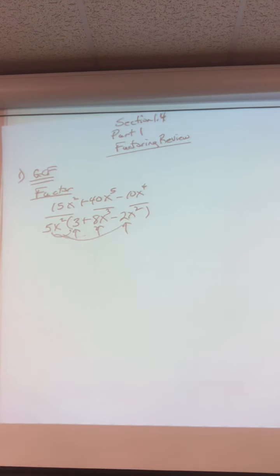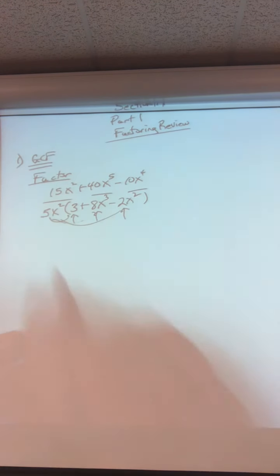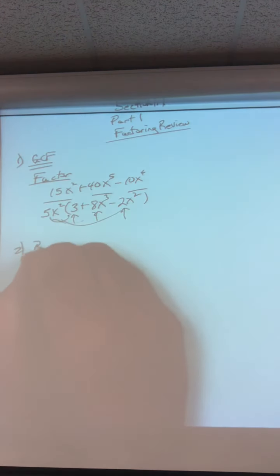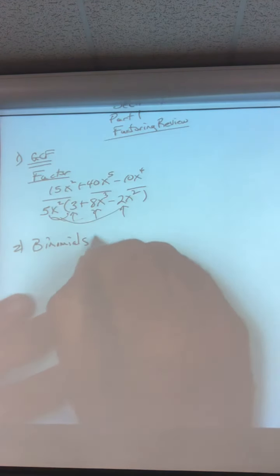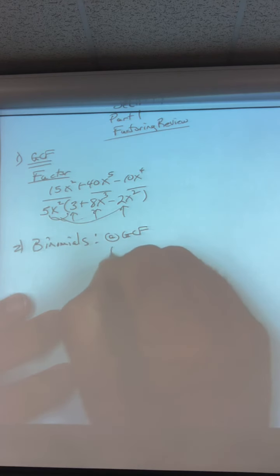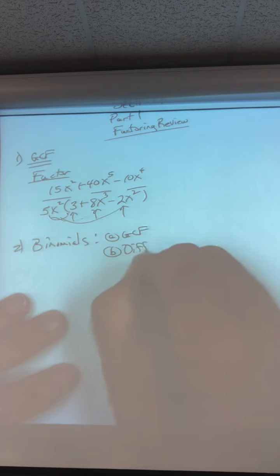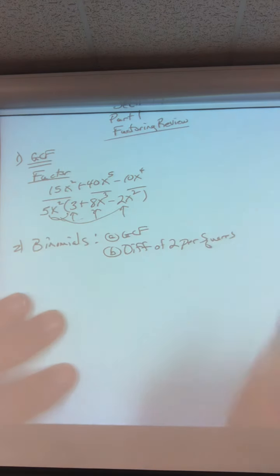Now, I said a while ago, there's 2 kinds of factoring you need to be reminded of. Number 1 is binomials. Now, there's two things that you have to look at when you're factoring a binomial. One is a GCF, and two, if you remember, is what's called the difference of two perfect squares.